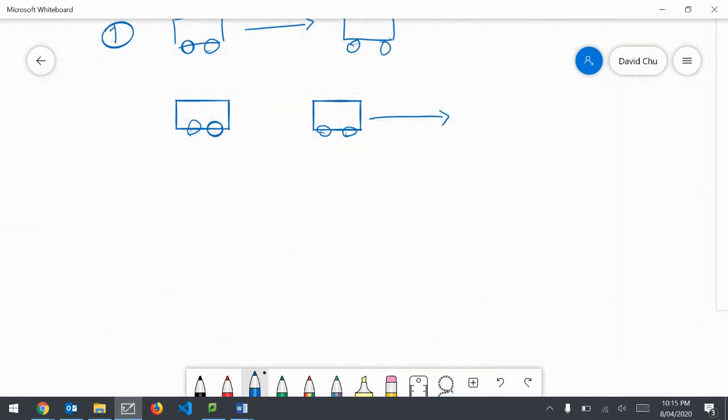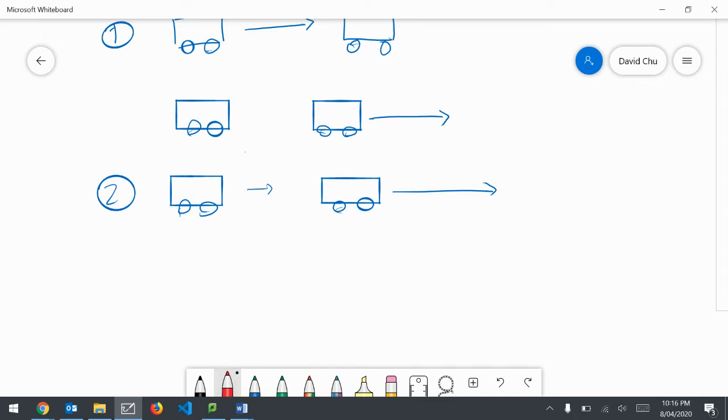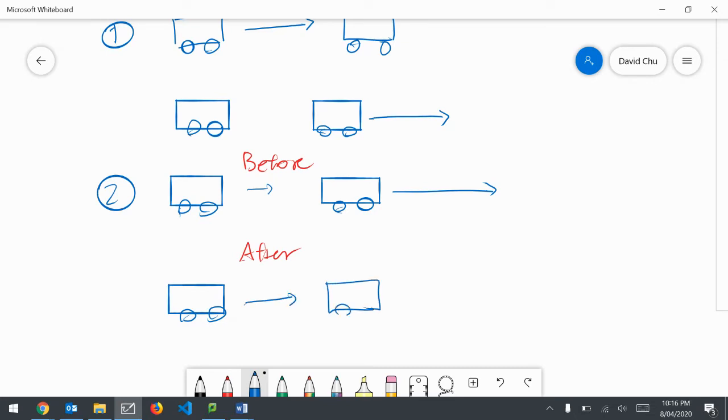Then the second case is where you have two of them both moving at a certain velocity, and afterwards both of them are still moving in the same direction but at different velocities.